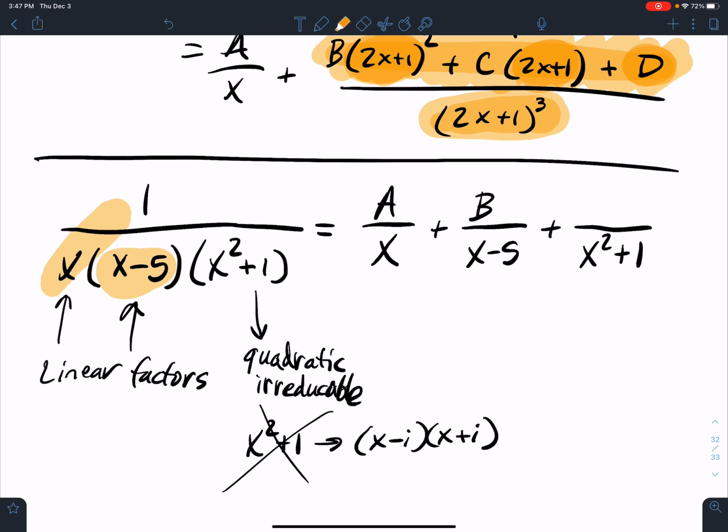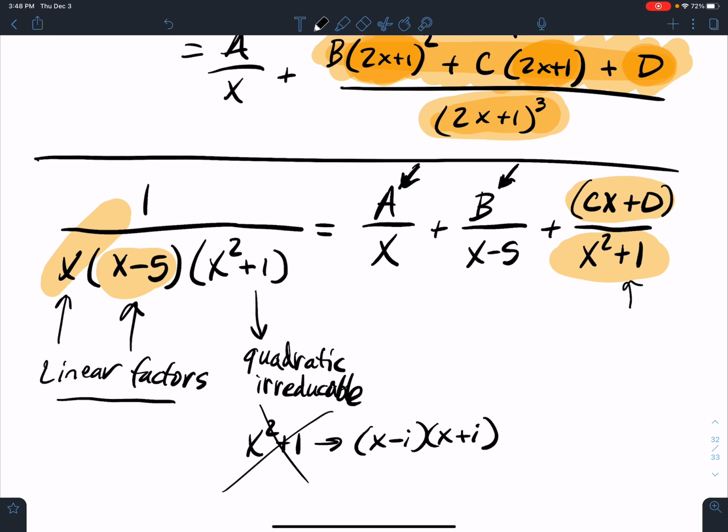Well, what is it? A degree 2 here. So this numerator needs to be less than degree 2. Well, less than degree 2 is degree 1 or degree 0. These constants here are degree 0 terms. So we need to account for the linear. So I put a Cx plus a D in there. Okay? So that's what's happening. When you have an irreducible quadratic term, instead of just putting some constant like you did for the first 2 linears, where you put A and you put B for those factors, with the irreducible, you put a linear, okay?